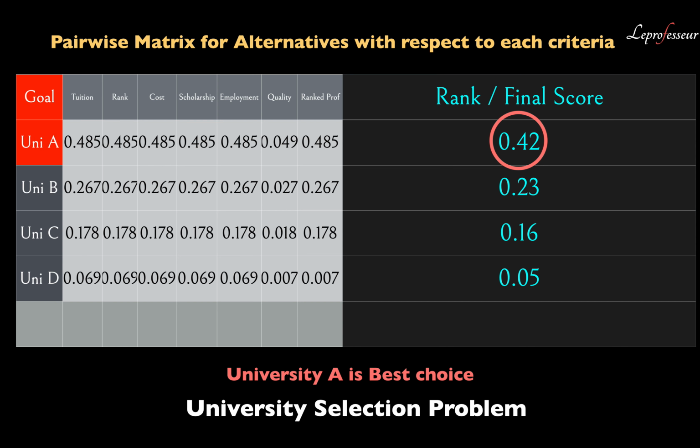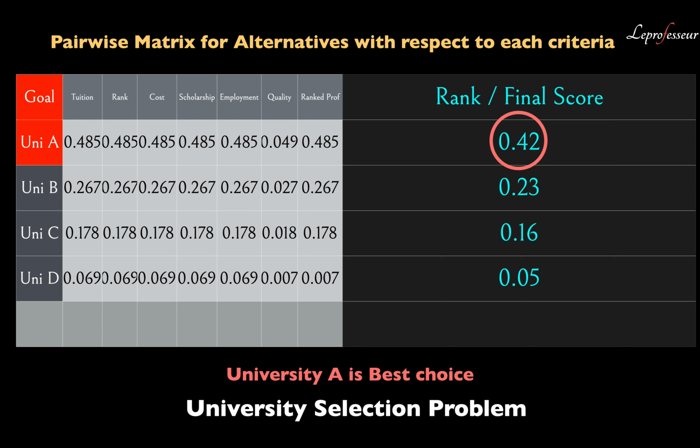So this is a very simple and very elegant technique of making decisions with a sound mathematical justification. Remember that a lot depends on how the pairwise matrices are constructed, but that's the human factor.